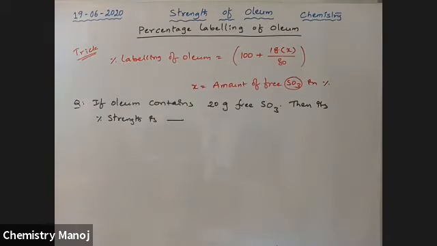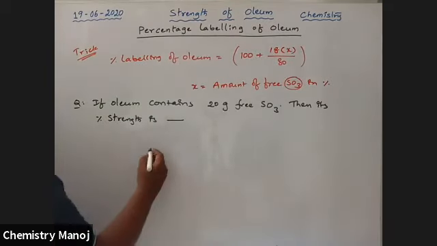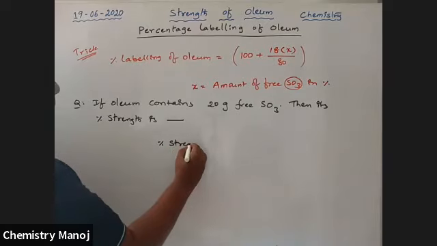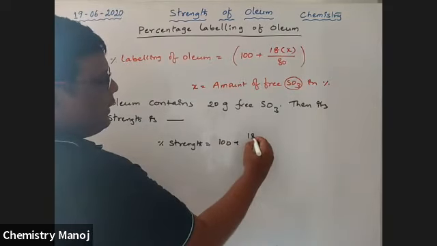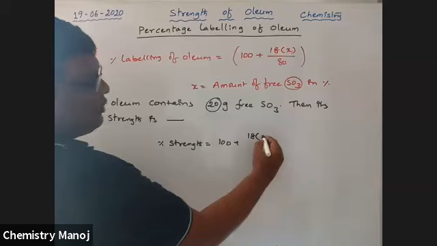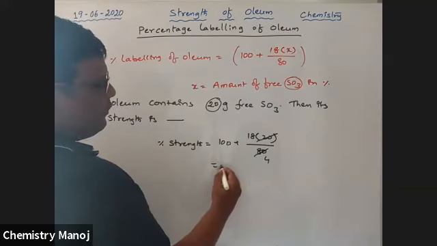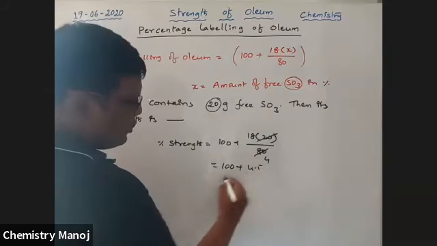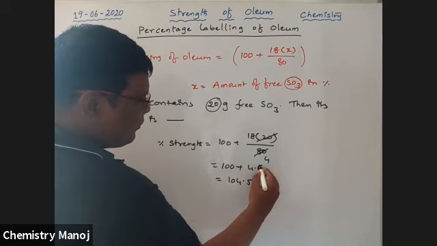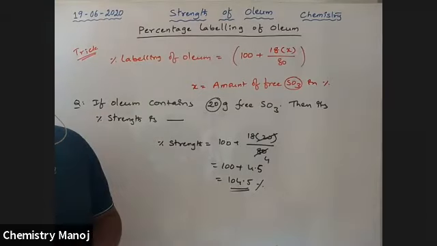Percentage strength is nothing but the percentage labeling of oleum. So percentage strength is equal to 100 plus 18 into x, with x value 20, by 80, which is 4.5. So 100 plus 4.5 is equal to 104.5%. So the percentage labeling of oleum is 104.5%.